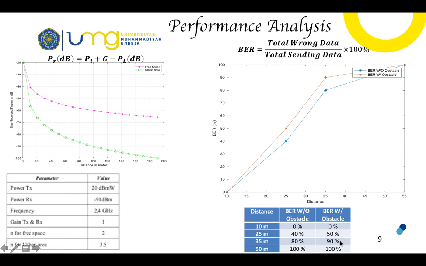The first distance is 10 meters, the second distance is 25 meters, and up to 50 meters, because beyond 50 meters they cannot communicate between our system and the router. So we can see that without obstacle it has a lower error than with obstacle, of course.